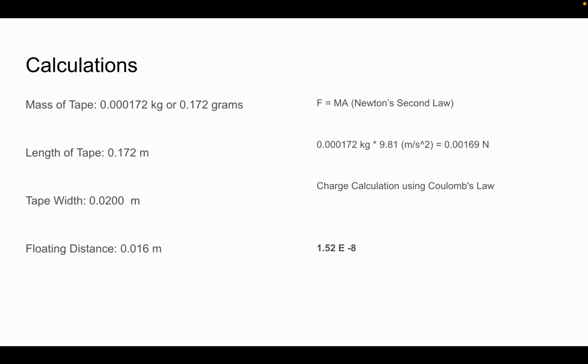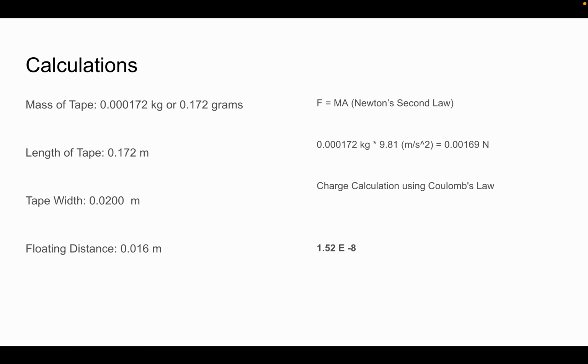Now, calculations here: the mass of the tape is shown, the length of the tape is shown, the width of the tape is shown, the floating distance, the force, and then over here to the right, we have the force of gravity calculation, which I was talking about earlier.